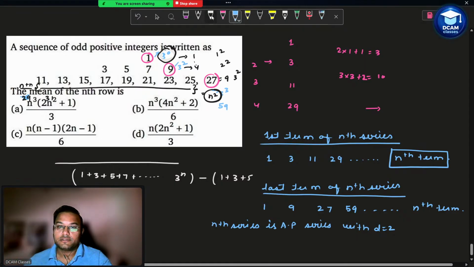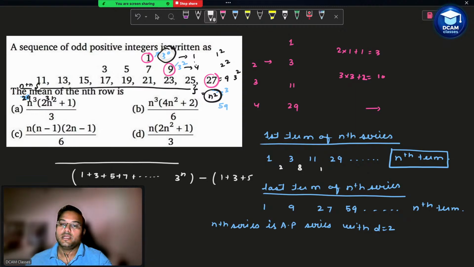The common difference is 2, 8, 18. Getting the nth term is not easy.